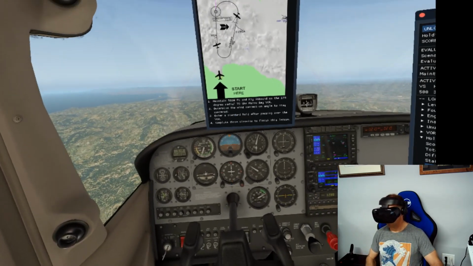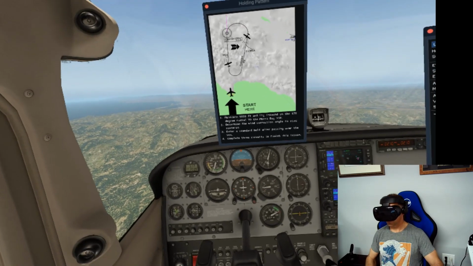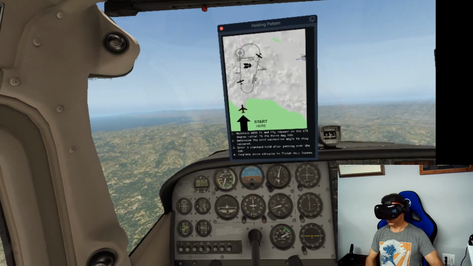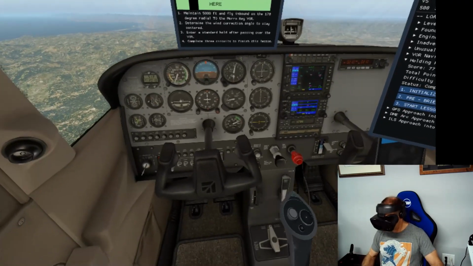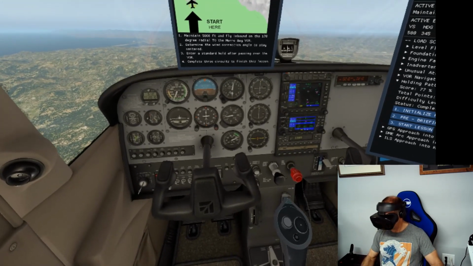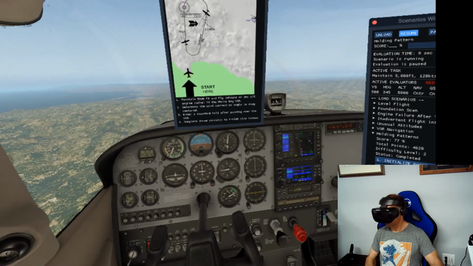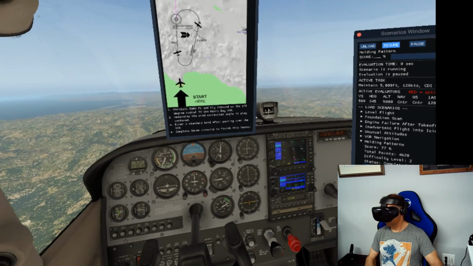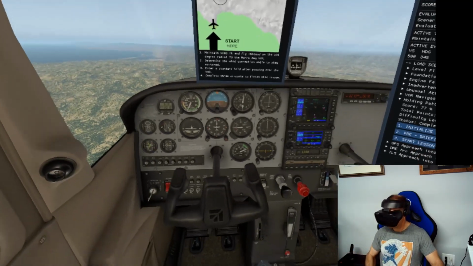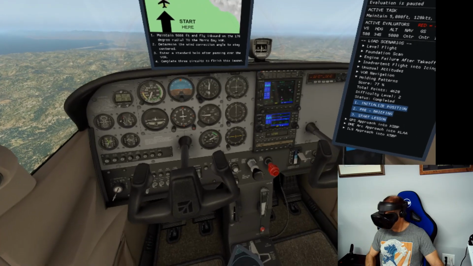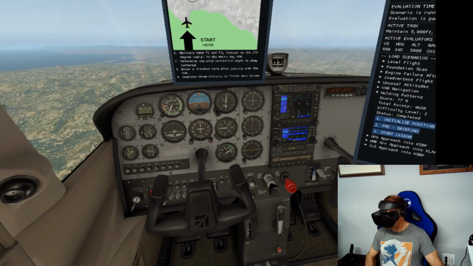In this lesson, you will practice a standard holding pattern at the Morro Bay VOR on the 170-degree radial. Position the aircraft 4 miles south of the VOR at an altitude of 5,000 feet. There is a 15-knot crosswind from the west. Track the inbound course of 350 degrees to determine the wind correction angle and maintain 5,000 feet and 120 knots.